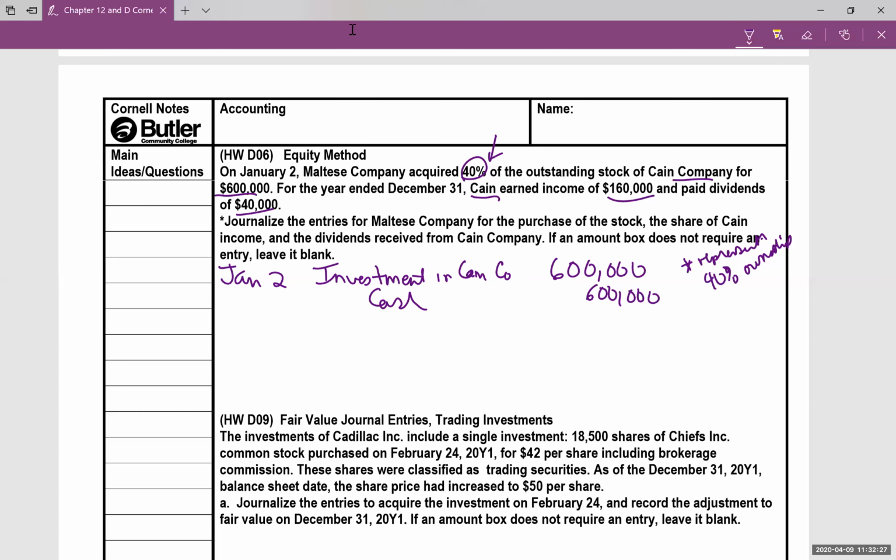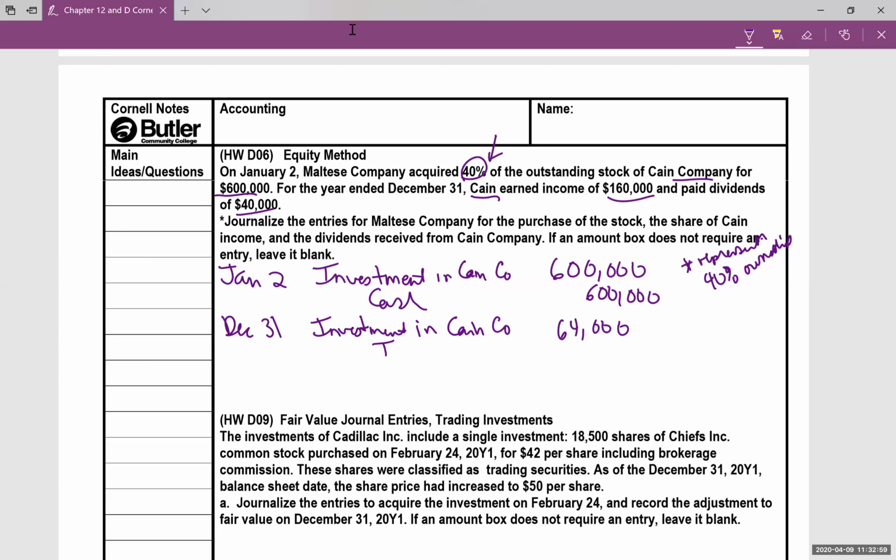So then the whole year goes by and it's December 31st, and Kane Company comes out and says, hey, we had earned income of 160,000. Well, this is what Maltese has to do. The journal entry looks like this. Investment in Kane Company, and I'm going to put up a number here and tell you how I got it.